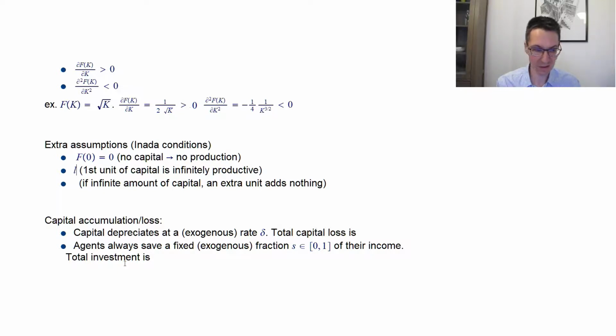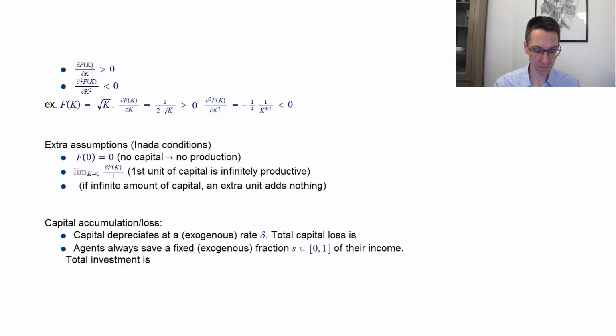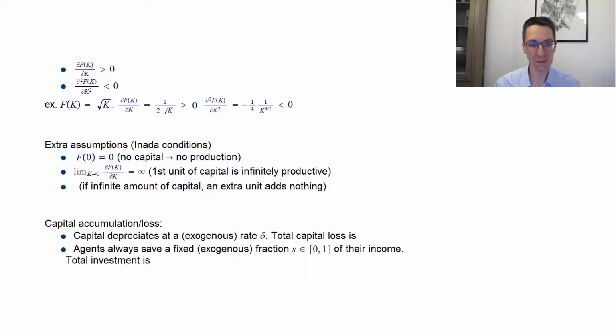So the limit when k tends towards 0 of df of k over dk equals infinity.